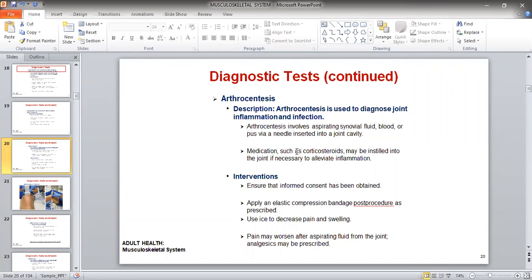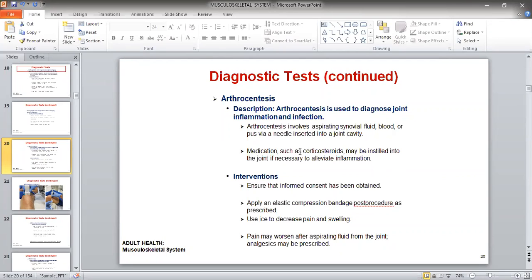Medications such as corticosteroid may be instilled into the joint. Steroid. If the patient has severe pain or very bad inflammation, we can put injectable steroid inside the joint with the help of arthrocentesis.